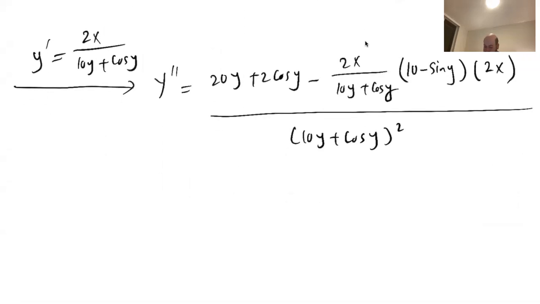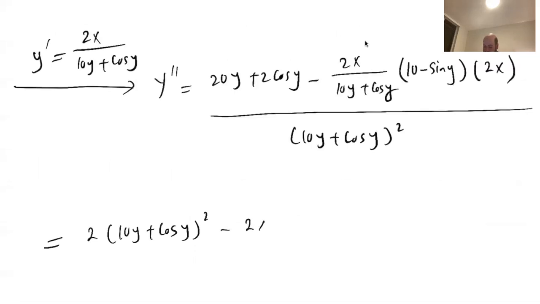I can simplify this further. So this one is 2 times 10y plus cos y squared, and minus 2x times 2x is 4x squared.